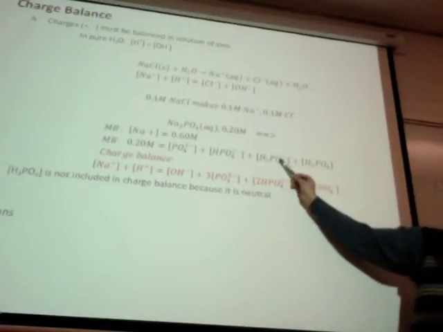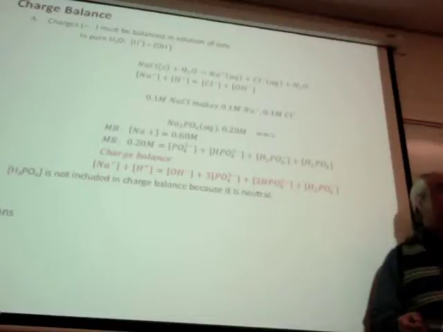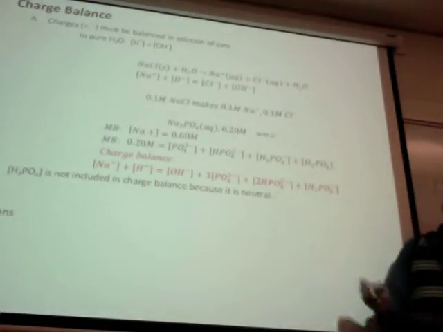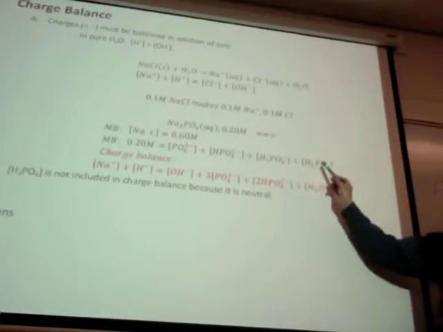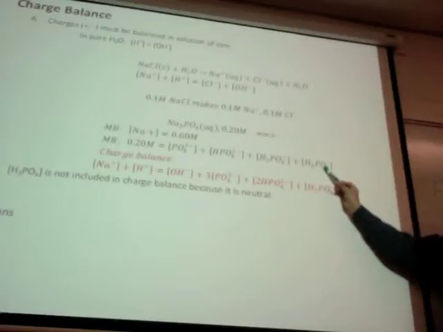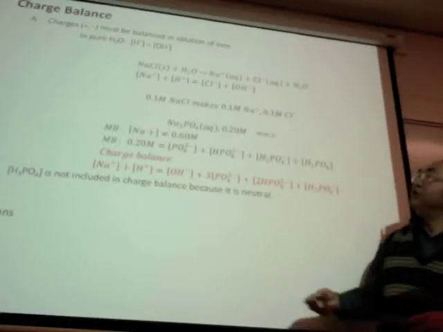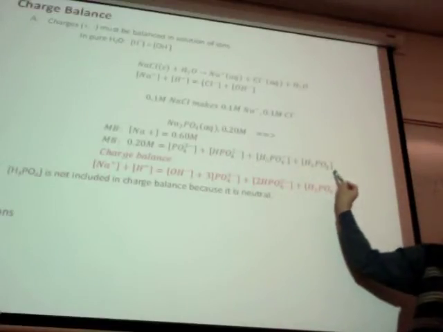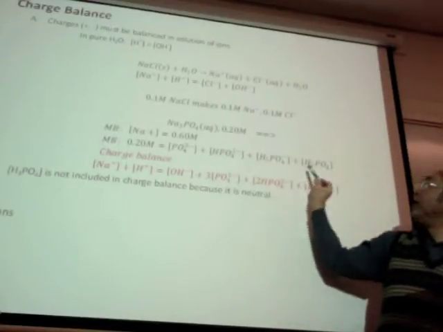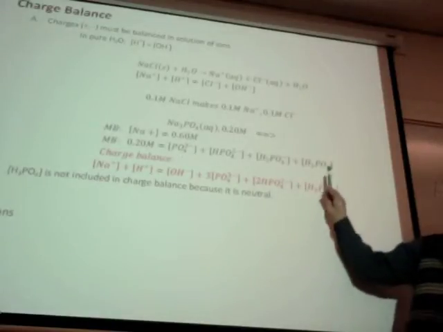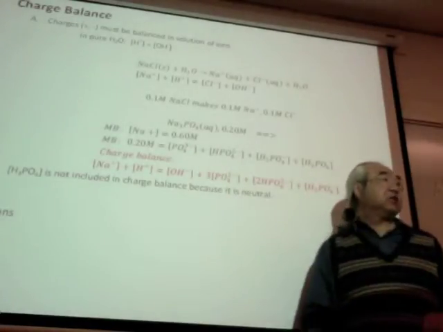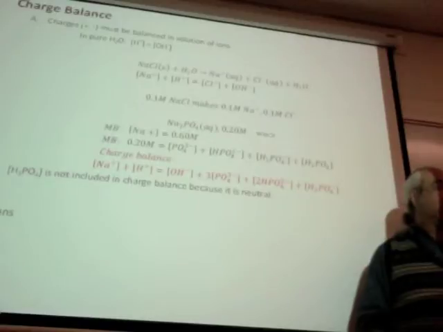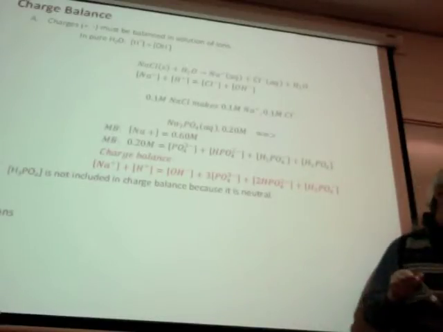Then those could associate 2 times, so you will get this formula, and so on until the end. So we can see the distribution for the phosphate will be spread out. Nonetheless, you have all these species in a mixture containing the phosphate anion.